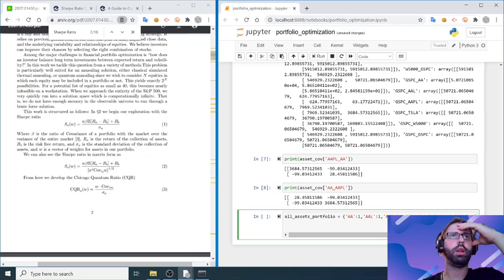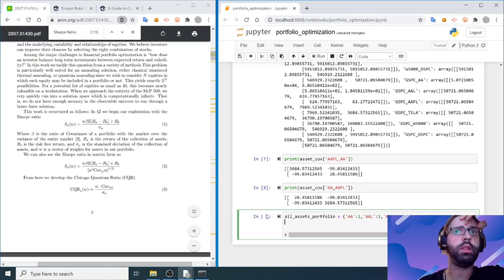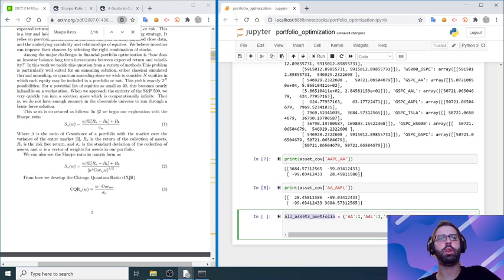But how do I calculate the standard deviation of what? Oh man, I'm so lost. What is this E? So W, we'll just call it W for now.